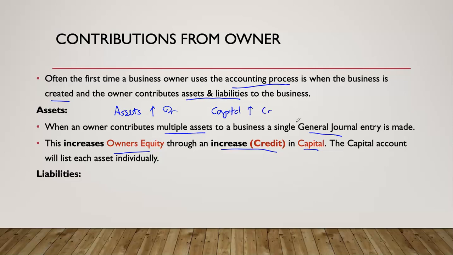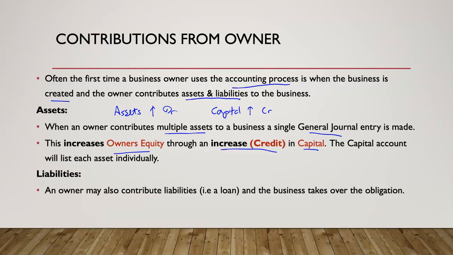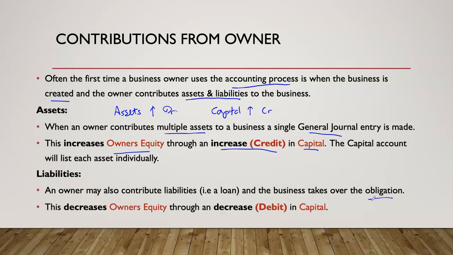If we have liabilities being contributed, and that might feel a little bit weird, a business owner might transfer over a loan, or we might be just creating something from scratch, then the business owner takes over the obligation of that loan. This is going to decrease the owner's equity, or how much the business is worth, and a decrease is a debit.